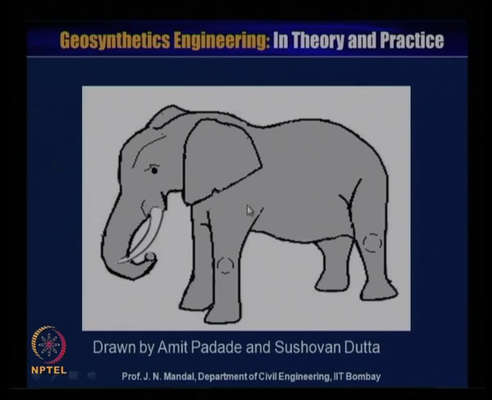So, this subject is like that: one touch and one cannot say this is all the geosynthetic system material. It is not. So, one has to know all aspects of the geosynthetic material, then only will we know what it is. Sorry for this kind of example.